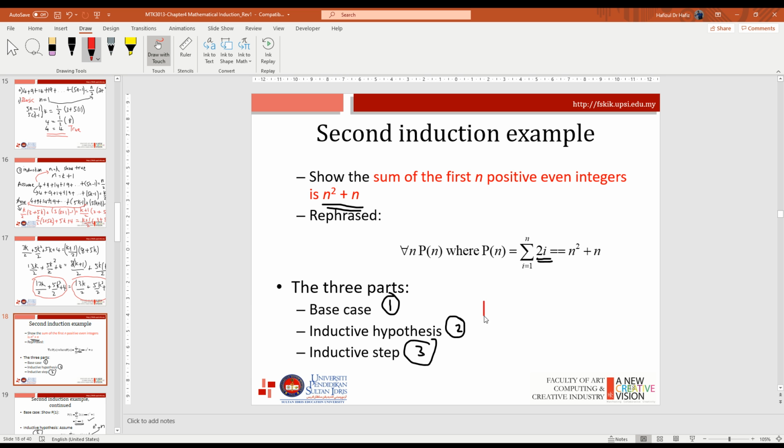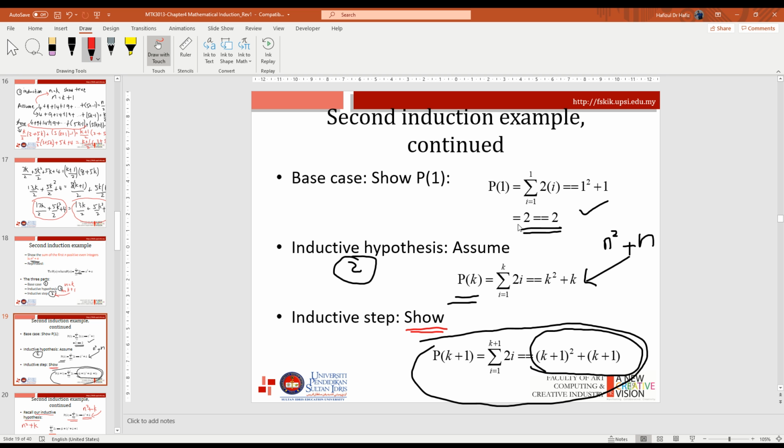The hypothesis we have is k equivalent to 1. We have n equivalent to k, and then n equivalent to k plus 1, to show the inductive step.